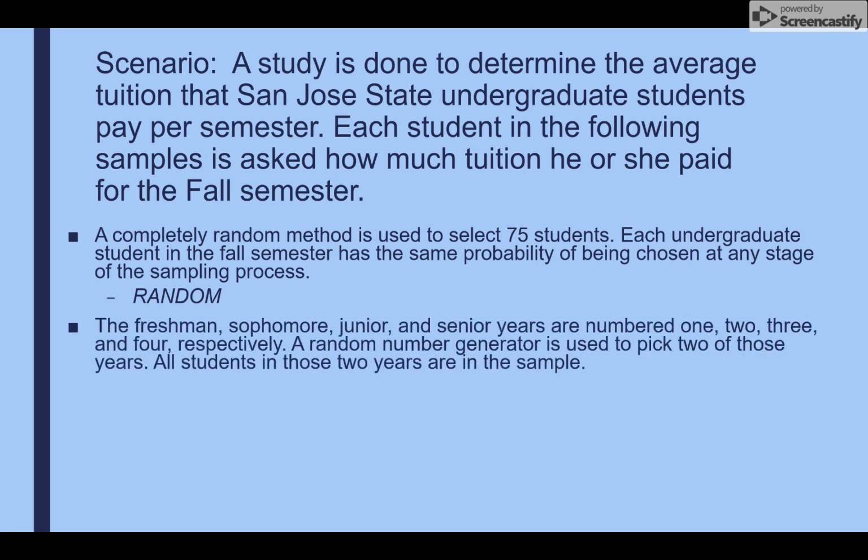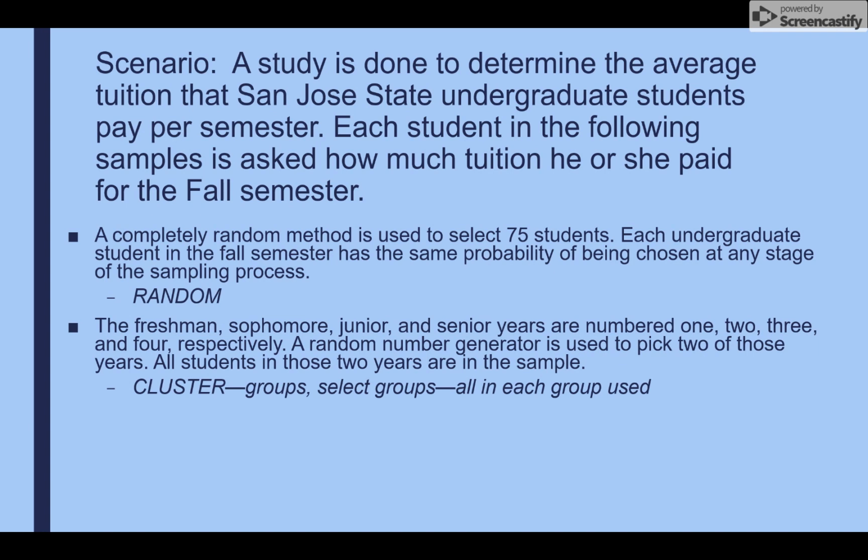Fourth researcher, the freshman, sophomore, junior, and senior years are numbered 1, 2, 3, 4, respectively. A random number generator is used to pick 2 of these years. All students in those 2 years are in the sample. I notice I have groups, and I'm going to talk to all students in 2 of the groups.